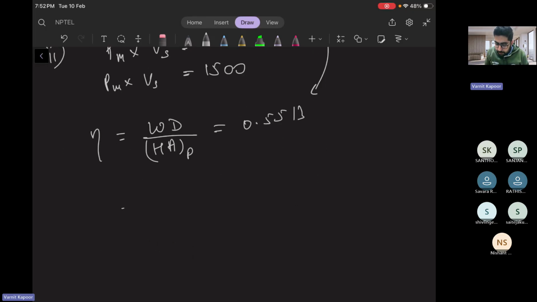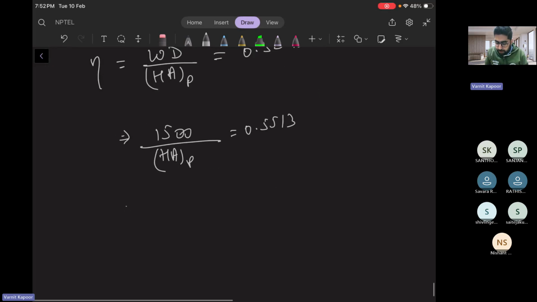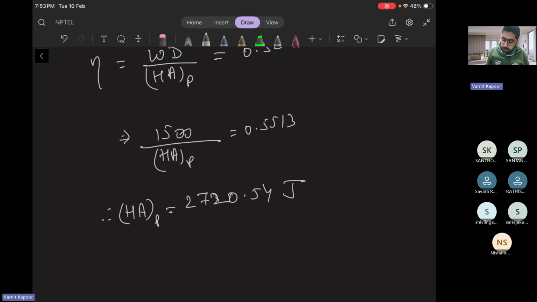Net work done is 1500, so heat addition at constant pressure will be 2720.54 joules.